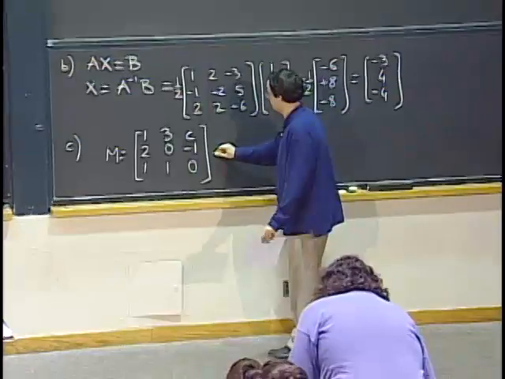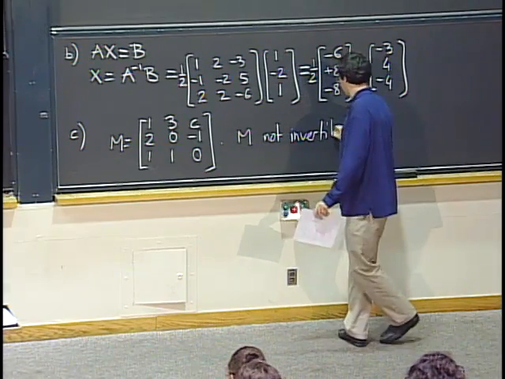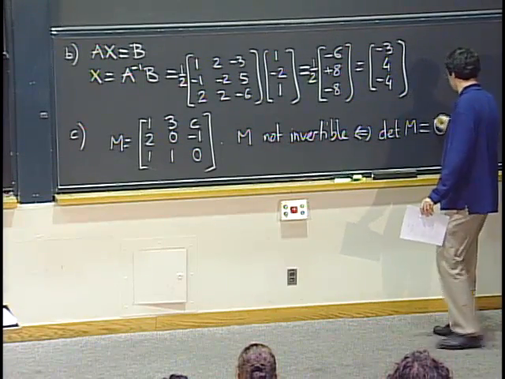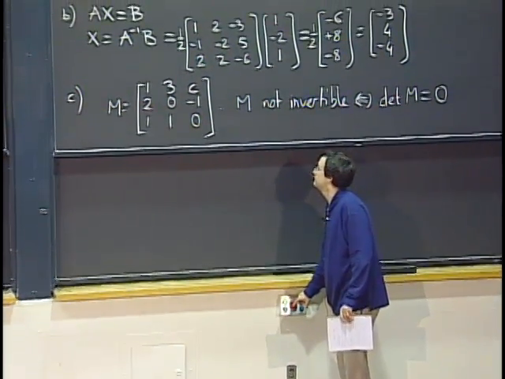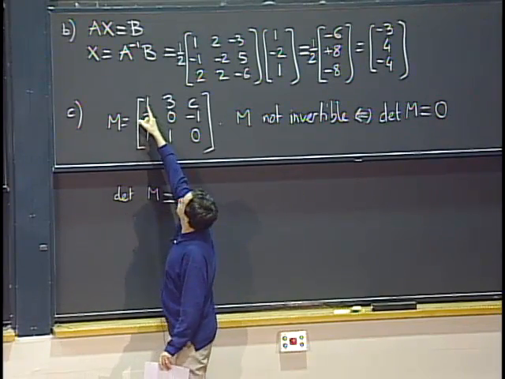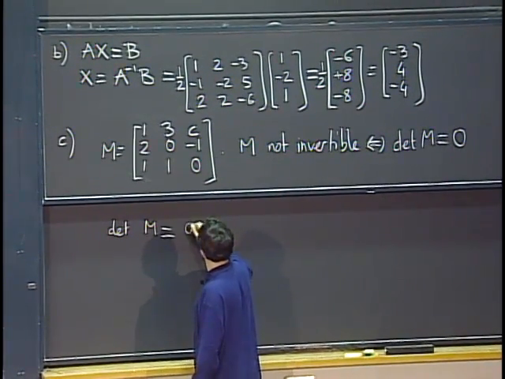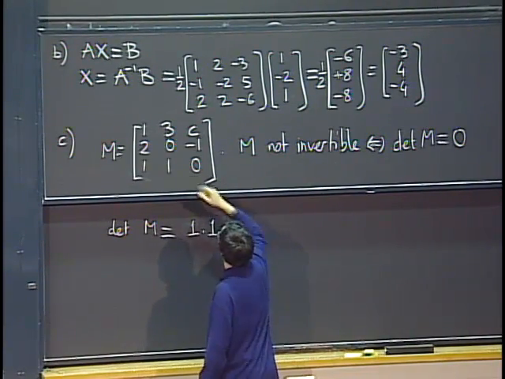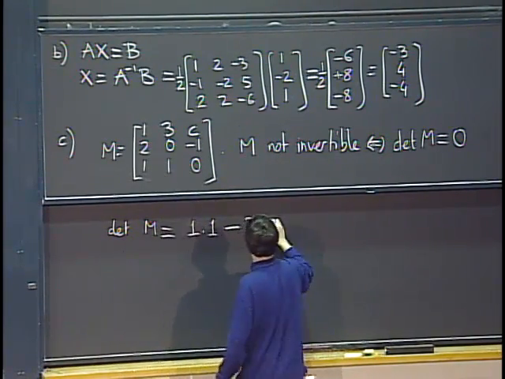Okay? So M is not invertible exactly when the determinant of M is 0. So let's compute the determinant. Well, we should do 1 times that smaller determinant, which is 0 minus negative 1, is 1 times 1, minus 3 times that determinant, which is 0 plus 1, is 1.